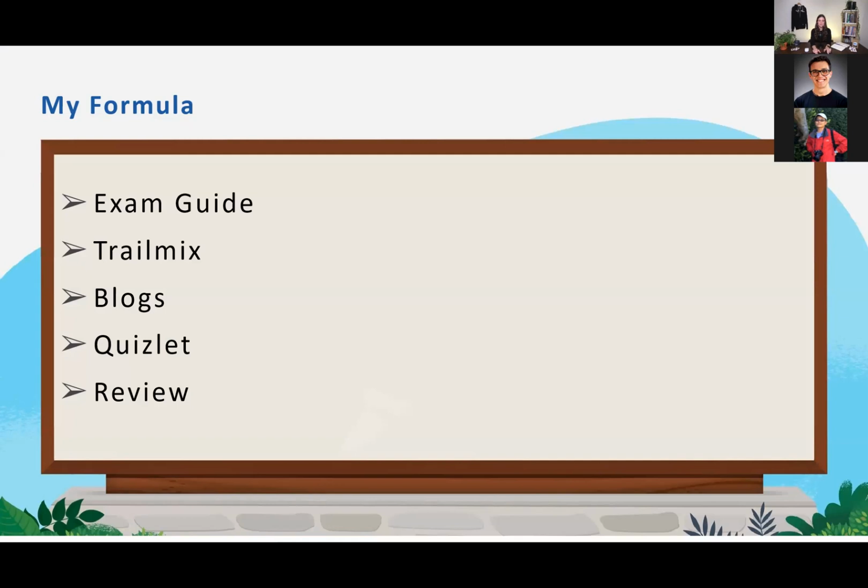The first thing is the exam guide. That's the golden rule for preparing, because that's literally what Salesforce wants to check your knowledge about. They list clearly what areas you need to know, what level of knowledge you need, and what areas you don't need to know as well.